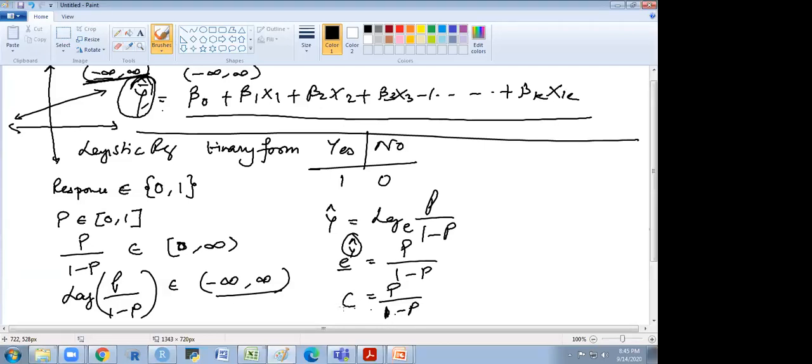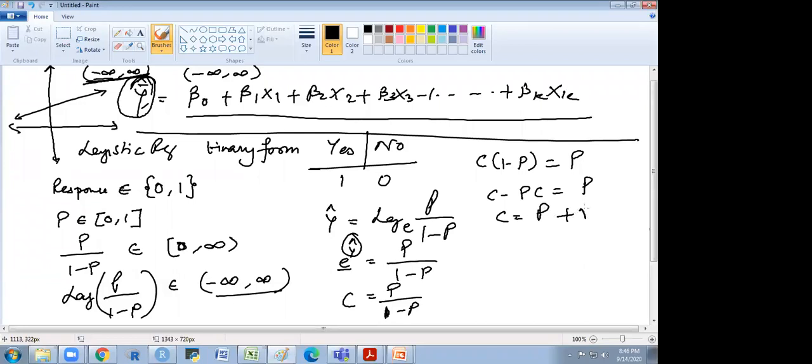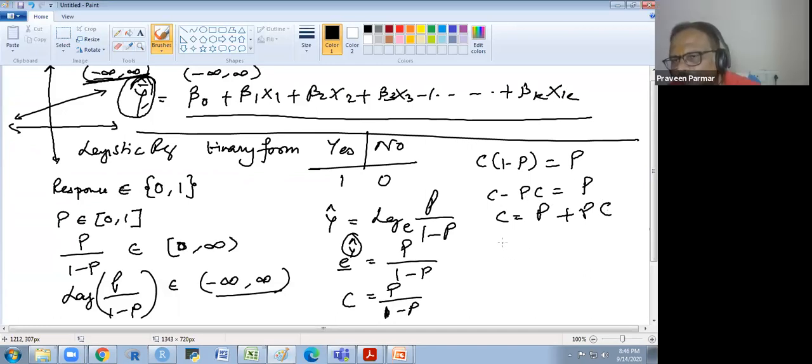Now we cross multiply this. So c minus pc is equal to p, and I take this to the other side. So c is equal to p plus pc. p times 1 plus c equals c, so c over 1 plus c is equal to p.